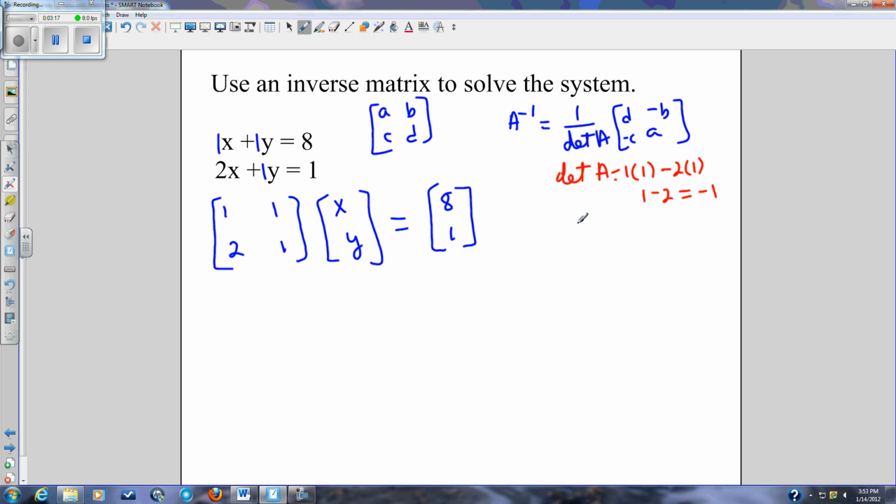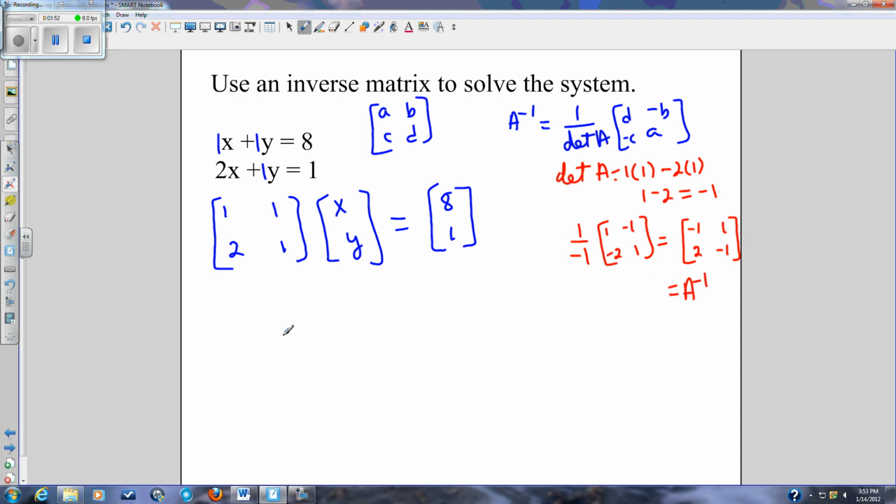So we have 1 over -1 times, we're going to reverse the a and d, and in this case it really doesn't change because they're identical, and we're going to change the signs on 1 and 2. So we have -1 and -2. Now this is really like multiplying by -1, so we're going to have -1, +1, +2, -1. And that is our inverse.